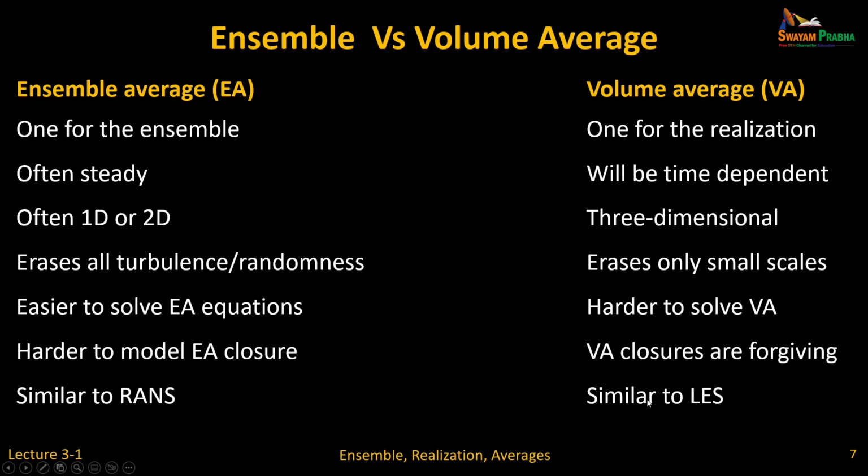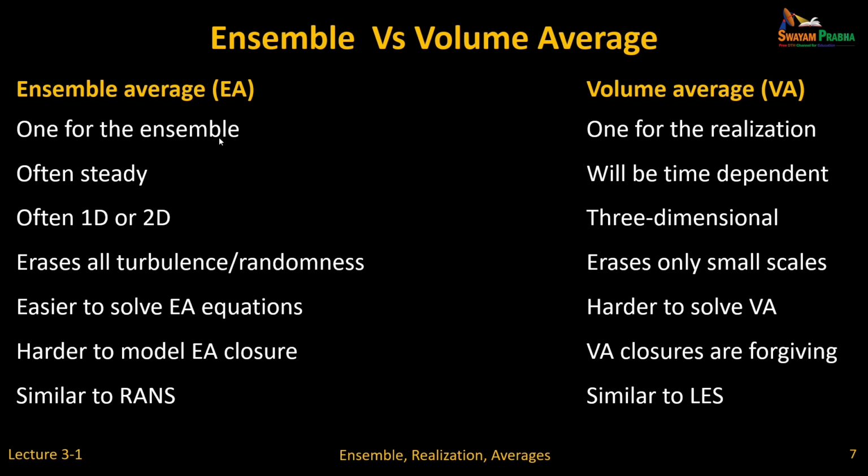The volume average is more like LES. You are talking about one particular realization and you have to integrate over time and so on. And there again you get the coarse grained fluid equations and coarse grained particle equations. So, the ensemble average equation does not tell you about one realization, one run.